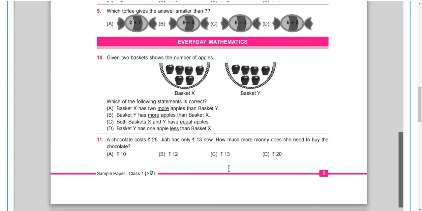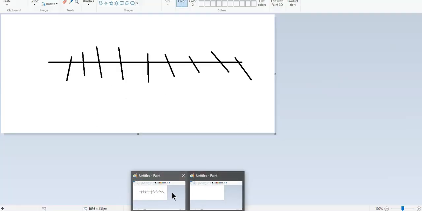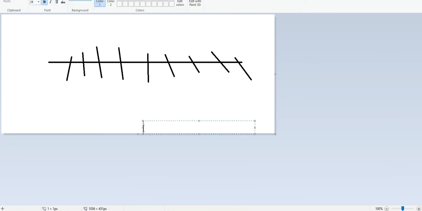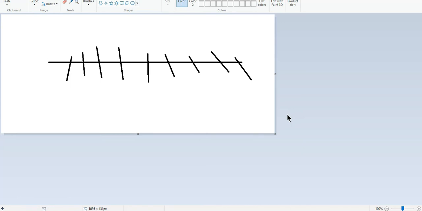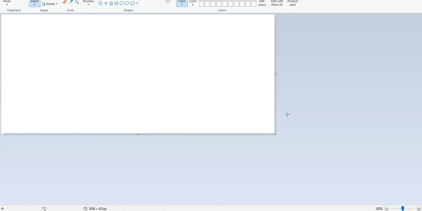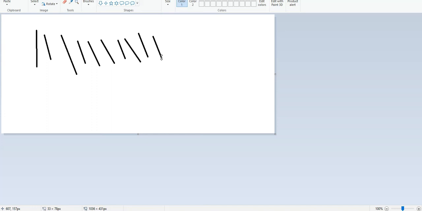So how we can do it is, how much money do you have? 13. So you can do one thing. You can take a piece of paper and you can draw 13 sticks. 1, 2, 3, 4, 5, 6, 7, 8, 9, 10, 11, 12, 13.